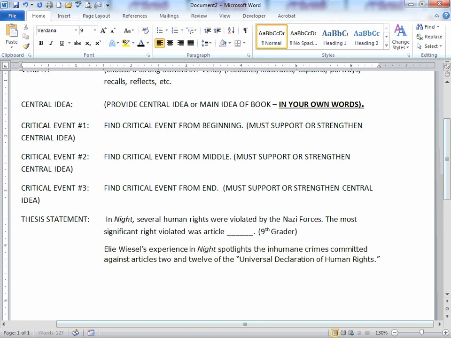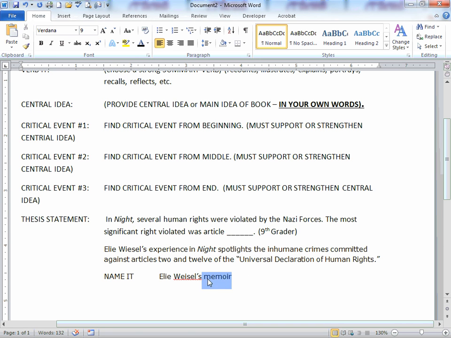So let's look at the frame of the thesis statement. So you want to name it again, which is always going to be the same. Now this writer did experiences, or you could use memoir.